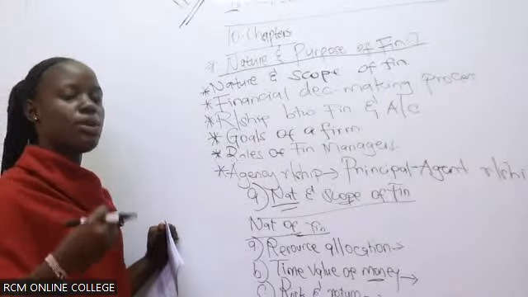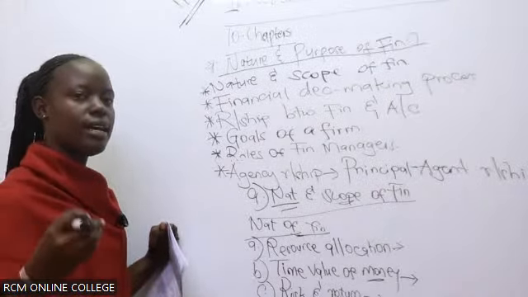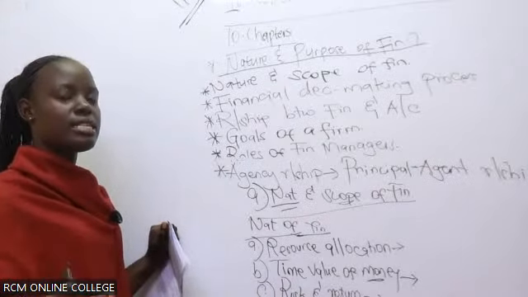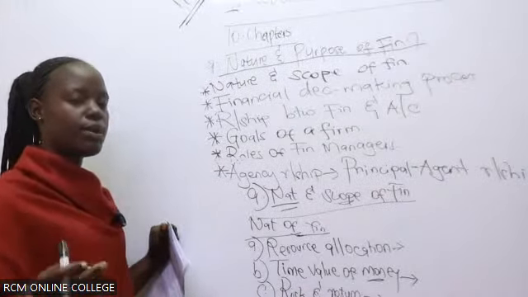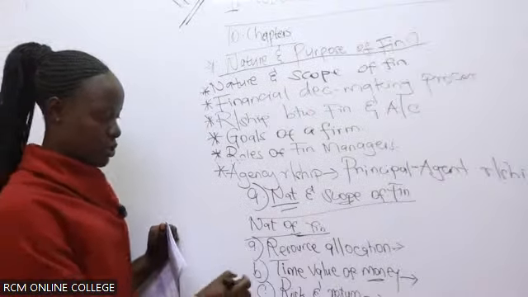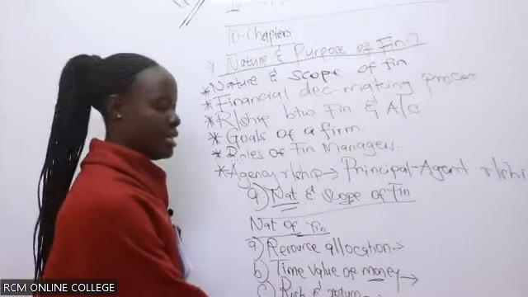When they decide to allocate their resources to a certain activity, what are the chances that this activity will give back a reward to the organization? And that's what we mean by risk and return.